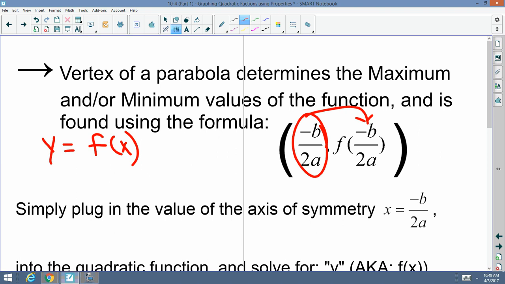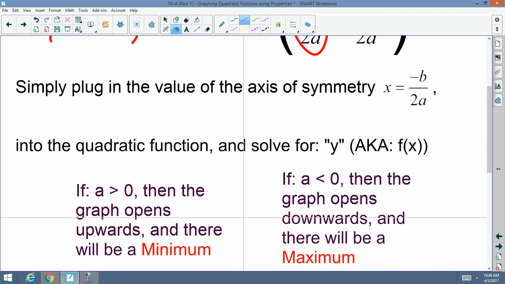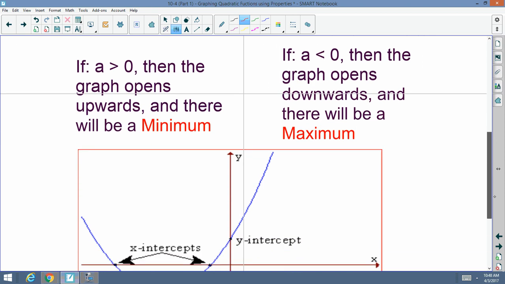Okay? And again, I explained it again. Simply plug in the value of the axis of symmetry, x equals -b over 2a, into the quadratic function and solve for y, aka your f of x. This I've already explained as well. If a is positive, I'm going to have a minimum.